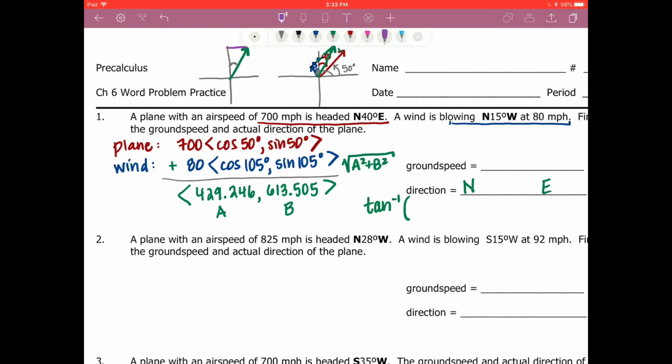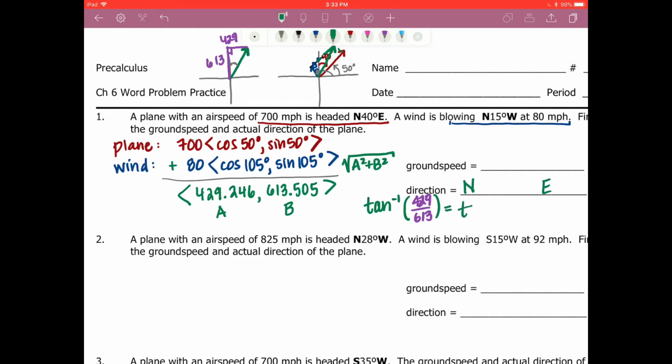When I find that angle and I make a right triangle, I have a horizontal component of about 429. I have a vertical component of about 613. I'm going to do the inverse tangent of 429 divided by 613.